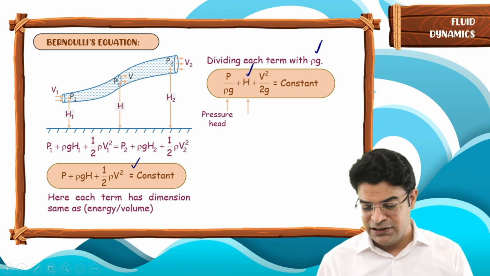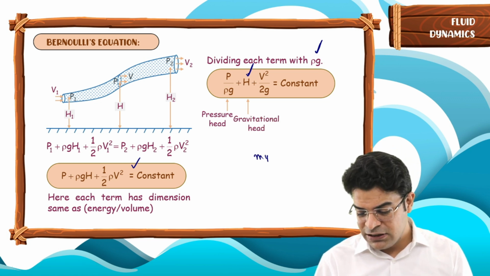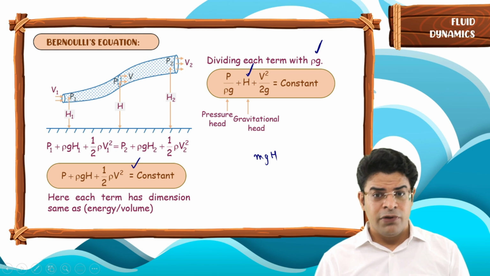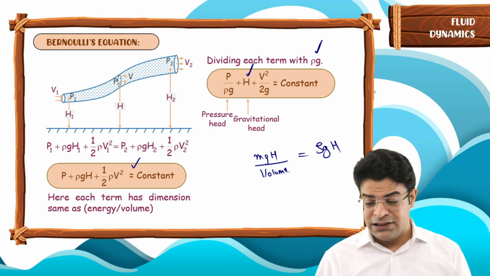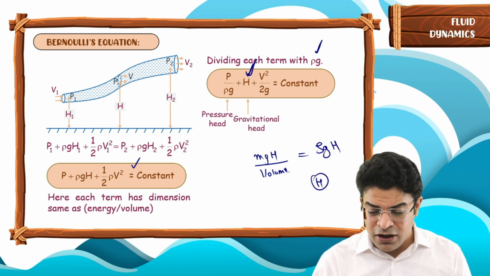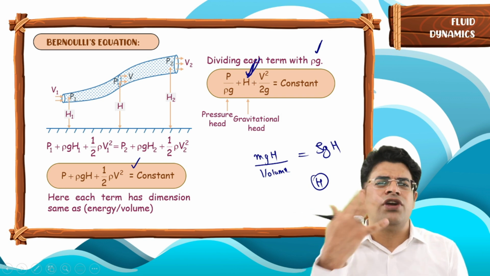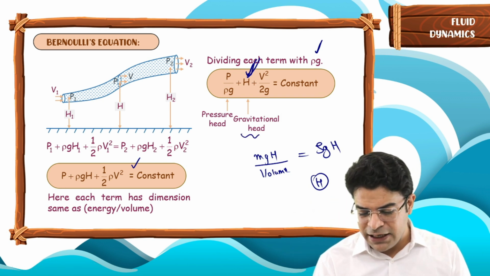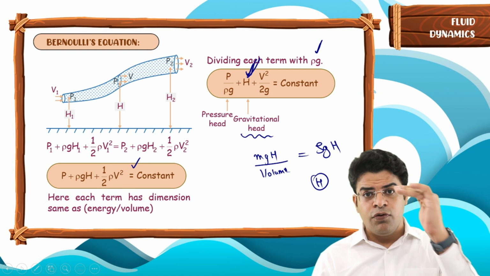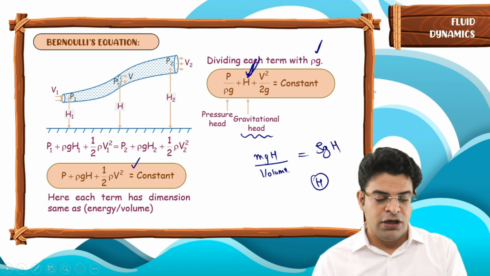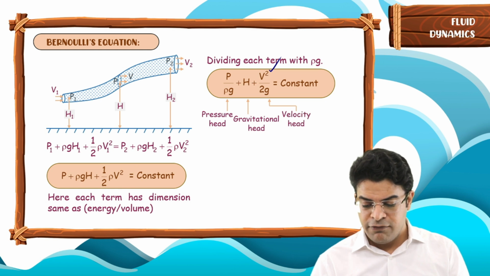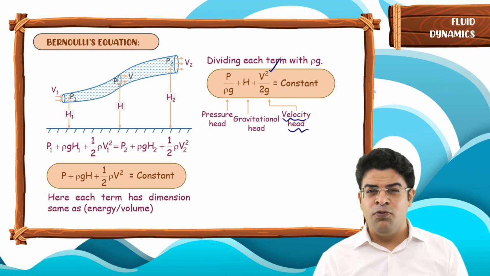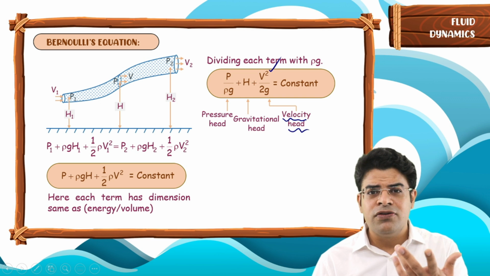Isn't it so easy? mgh is the gravitational potential energy. Gravitational energy per unit volume gave you rho gh, and when you divide it with rho g, what you get is h. But this whole term came from gravitational potential energy, right? So this term h, the height of the fluid above the ground, is called gravitational head. And the third term is called kinetic head or velocity head, because it is because of the velocity.